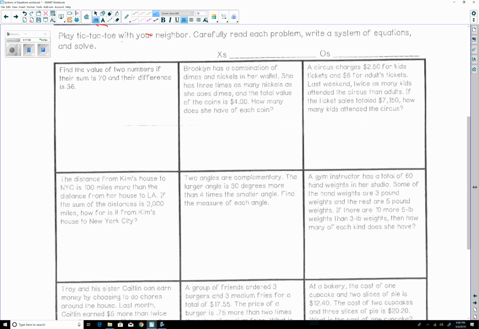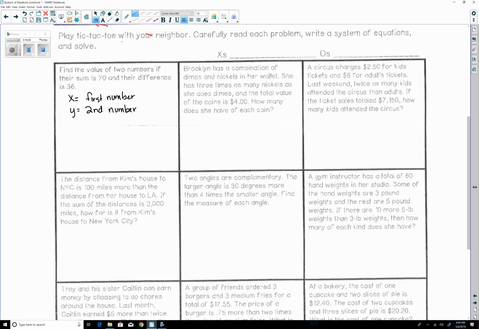So x should be your first number, and y would be our second number. If you can set up the system of equations, by all means do it. But right now, if you could just identify the x and the y, that'd be great.